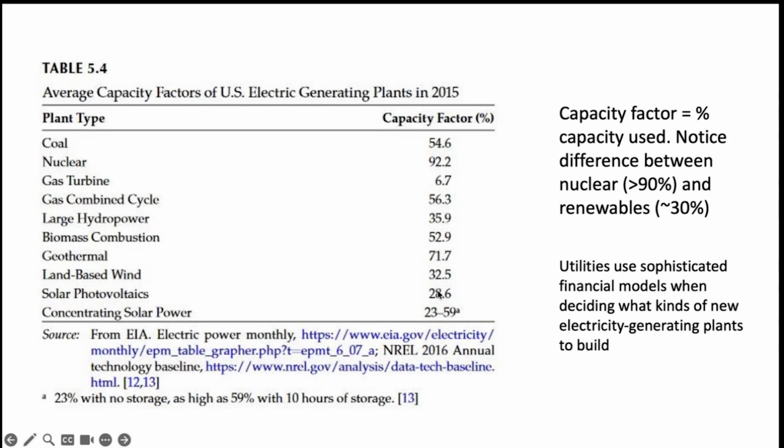This has to do with basically what percentage of the potential to make electricity these things are used, 20, 30%. So when you look at the amount of electricity that a plant could generate, you really also have to look at the capacity factor. There's a big difference between things like nuclear, which is basically being used all the time, and renewables, which are being used a quarter to a third of the time in terms of the amount of electricity they're generating. Any questions about that?